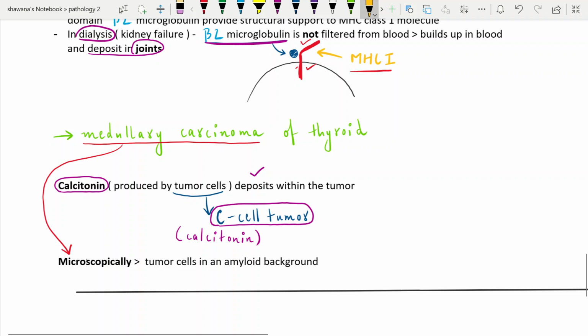It's very important to mention that microscopically we can see the tumor cells in an amyloid background. It means that there is a lot of amyloid, meaning the calcitonin, in the background and the tumor cells are present, right? These are tumor cells and the calcitonin or amyloid will be in the background. So this is the microscopical representation of the medullary carcinoma of the thyroid.